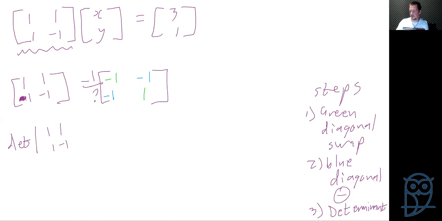and draw in purple. All right, so we multiply here. So it's 1 times -1 minus, and then this one is 1 times 1. So 1 times -1 is -1, -1 gives me -2.